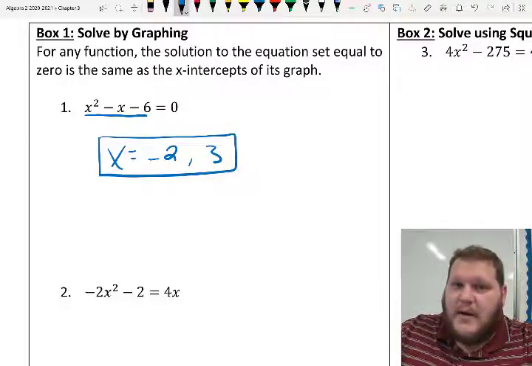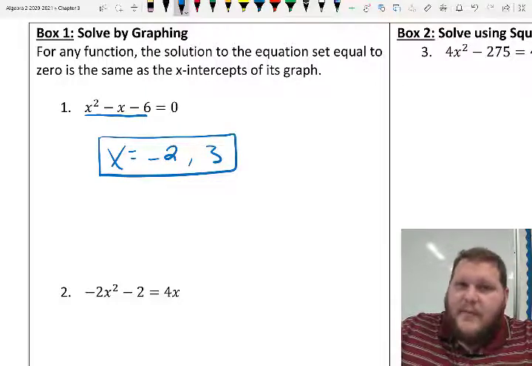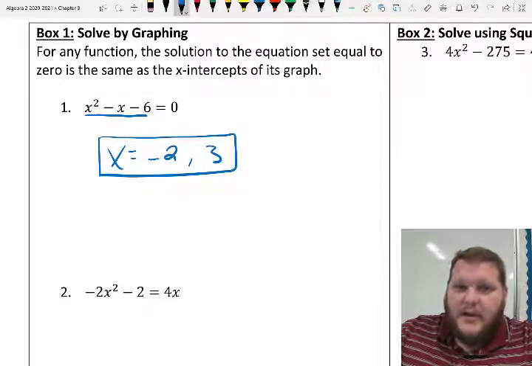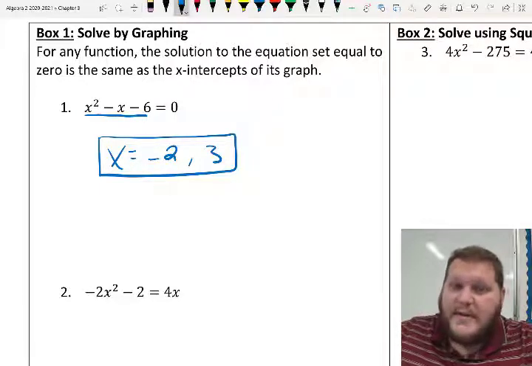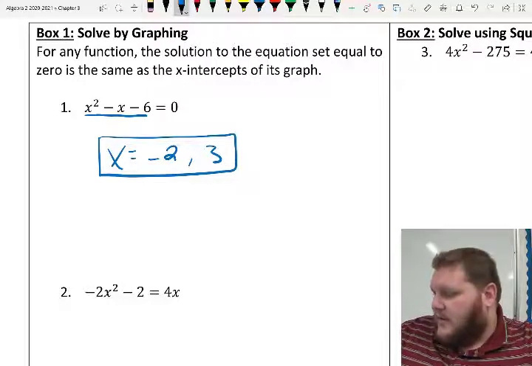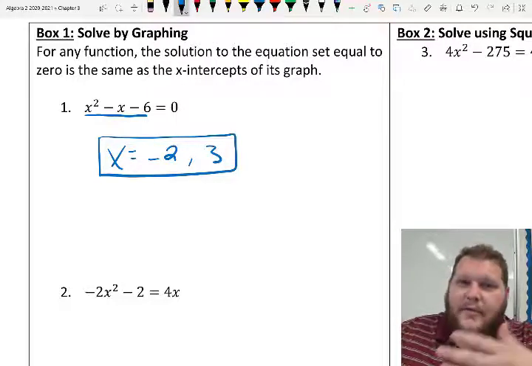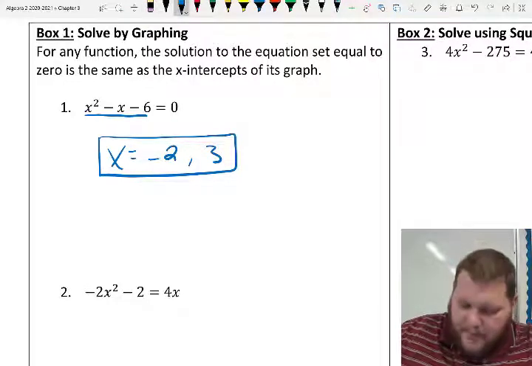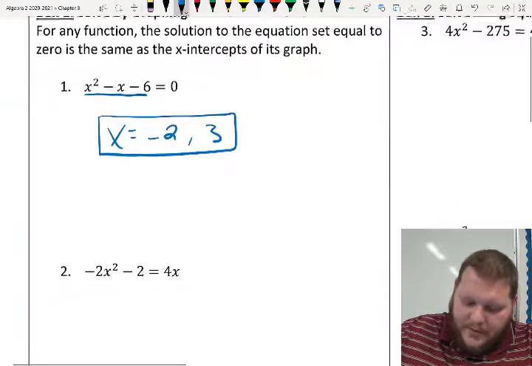I just want to address that. If you're asked to solve by graphing, hop on Desmos, which again, desmos.com/calculator is the graphing tool. Or in most phones now, you can just say, hey Siri, or okay Google, graph this equation, and it could probably graph it for you, which is awesome. Use your technology tools for sure.